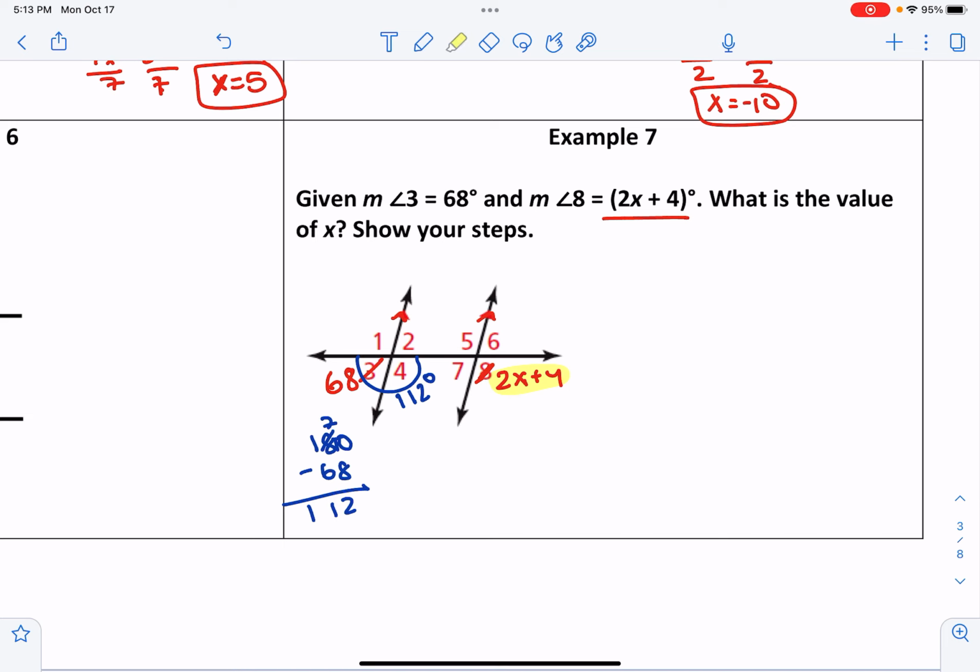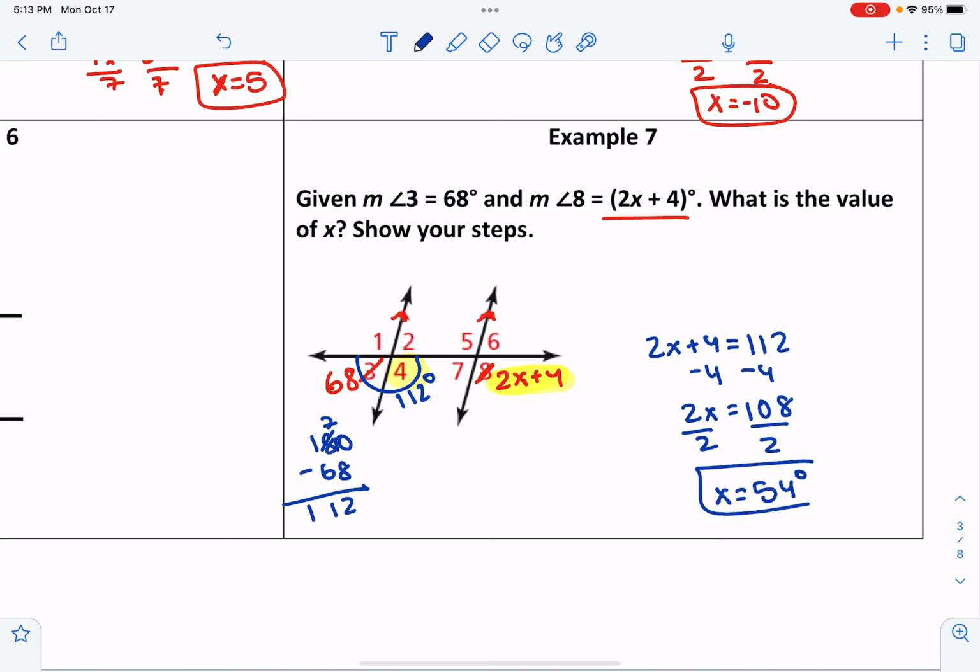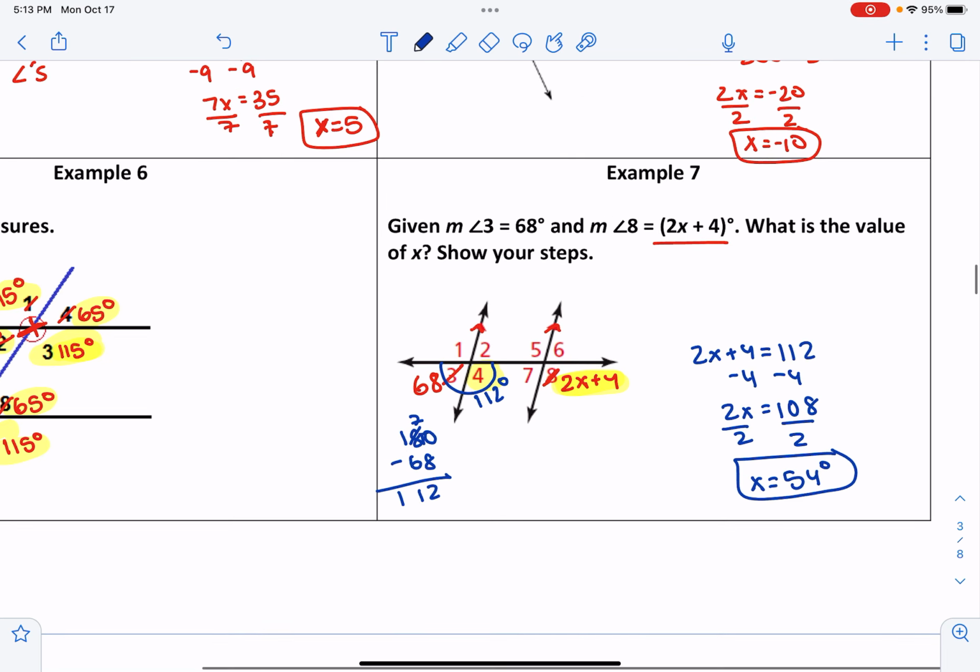Well, now angle 4 and angle 8 are corresponding angles. Corresponding angles are congruent. So 2x plus 4 has to equal 112 degrees. Minus 4 on both sides, so 2x equals 108. Divide by 2, so x is equal to 54 degrees. All right, please let me know if you have any questions.